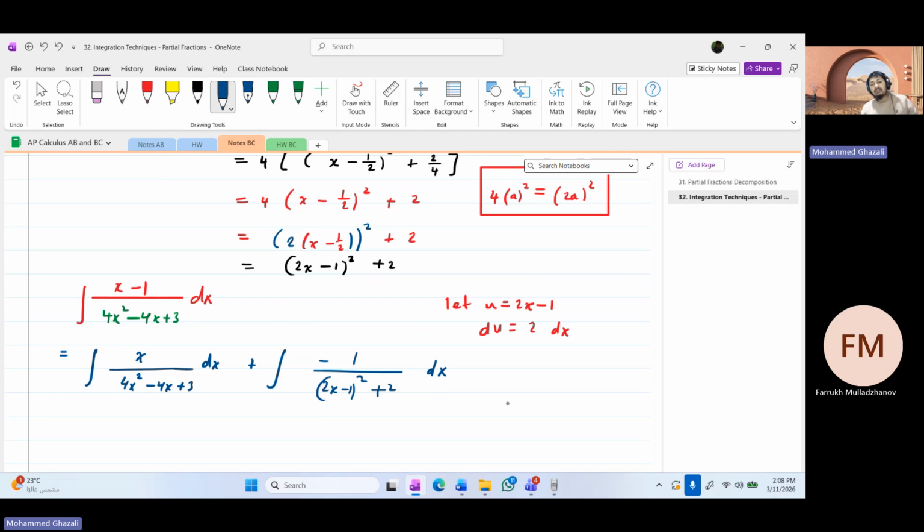That's what I have so far. But remember, the 2 can be written as root 2 squared. Just remember that.